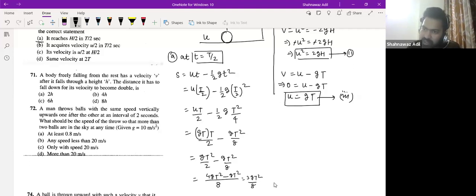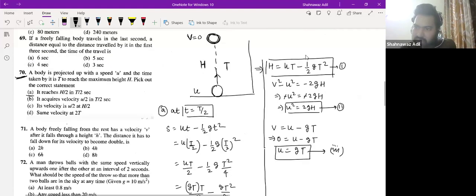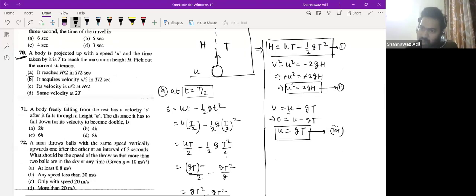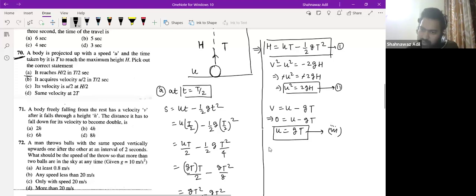This is one thing. The other thing is that we can combine the first and third relations. From the first and third, h is u, which is gt, times t minus half gt square.